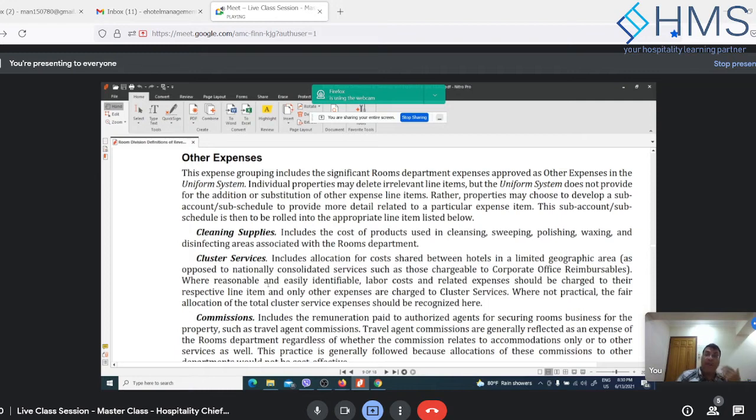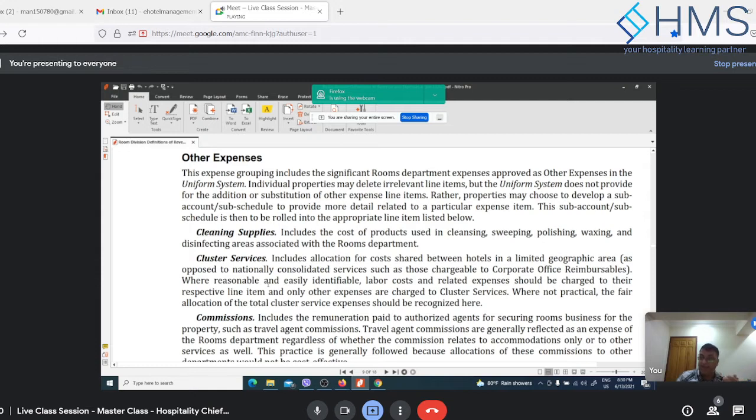But you have to understand your own business and see how the cleaning expenses are built up. It may include chemicals, equipment, contract services, or any other thing that you have. So you have to have certain sub accounts so that you can record the expenses in deeper detail, so that in the future when you analyze the expenses, it's easier for you.